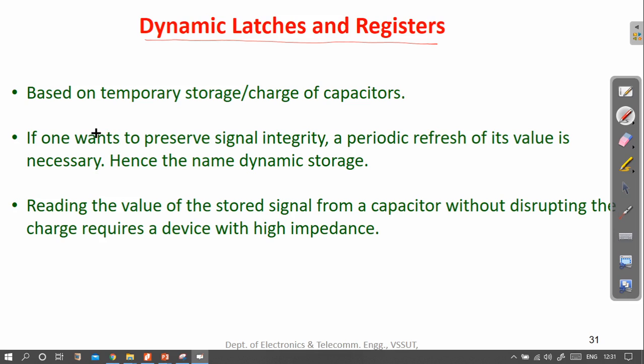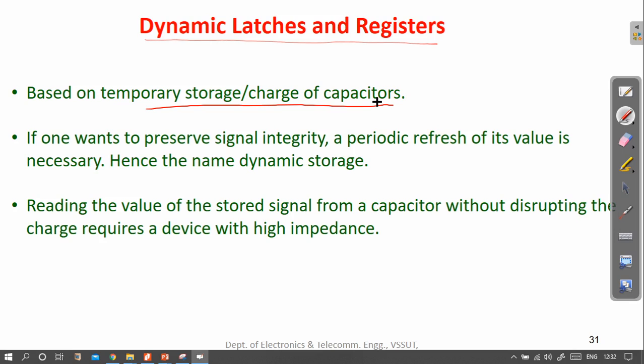The difference between static and dynamic latches is that static latches were constructed using the concept of feedback, but here you will not see such feedback. Rather, dynamic circuits are based on the temporary storage of charge on capacitors. So it basically uses the charge stored on those parasitic capacitors, and the feedback concept is not used here.